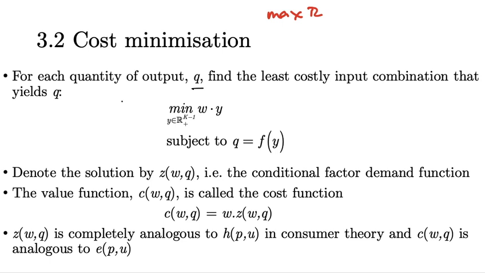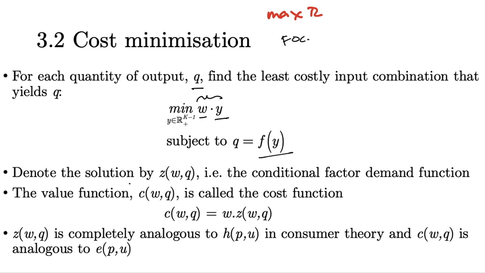Okay, so here, minimize cost. The cost that we have here is actually total cost, in which vector of input prices, which is W, multiplied by vector of input, which is Y. Okay, and it has to be subject to Q or output equals to production function. So if you solve this, you need to find the first order condition and whatnot, do the Lagrangian and whatnot.